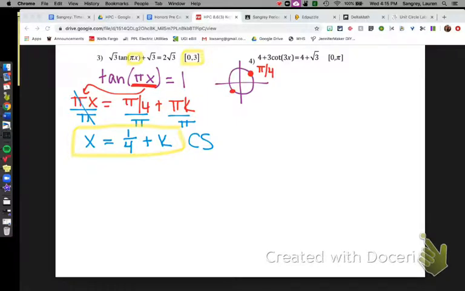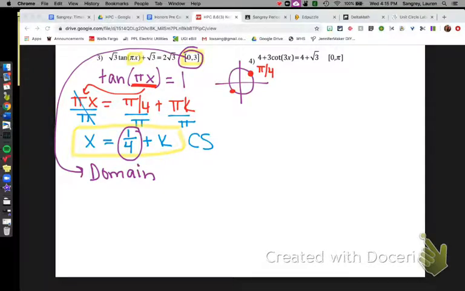So just like the video from yesterday, I'm going to take my domain and rewrite it so that it has a common denominator of 4 because I'm dealing with a 1/4 in my solution. So this is going to be 0 to 12 over 4 instead.